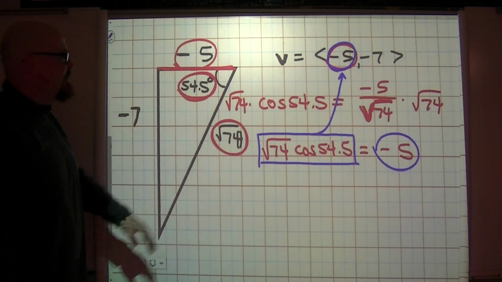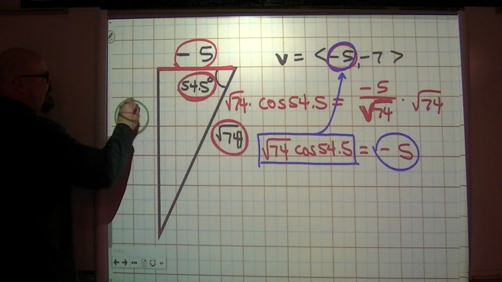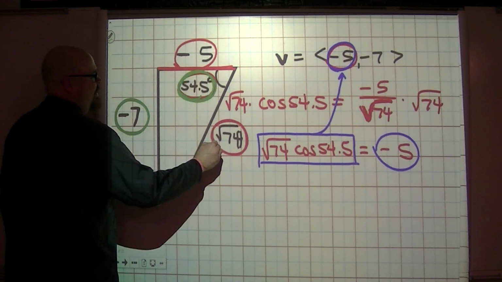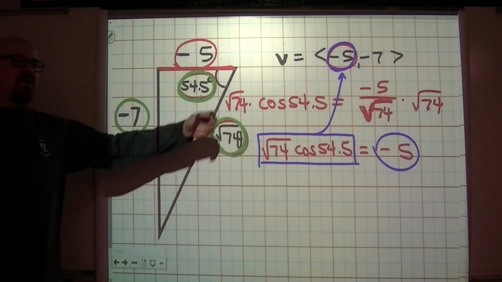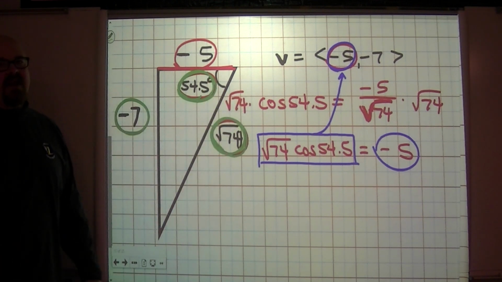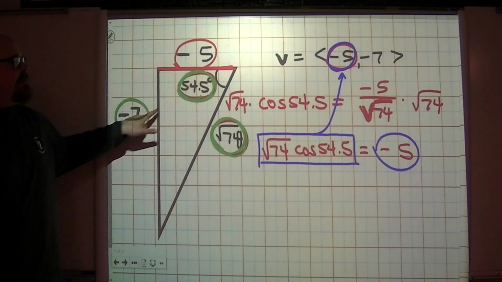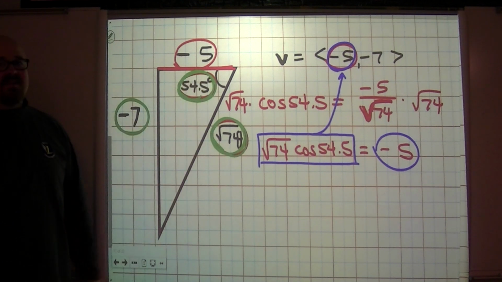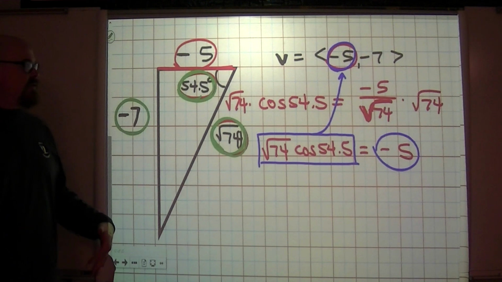If I went through this exact same process again and tried to do this for -7, this angle and the magnitude, we wouldn't be using a cosine function to represent that. Since this is the opposite side from that angle and this is the hypotenuse, we would be doing the same exact thing, only we would have sine instead of cosine.